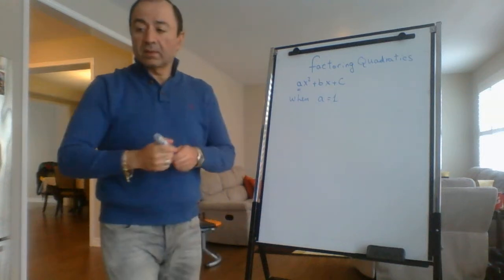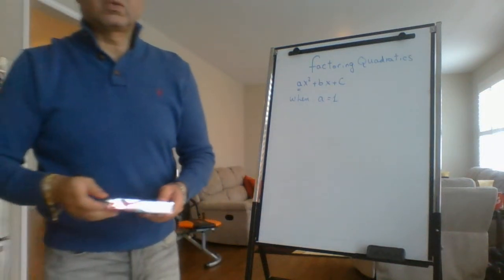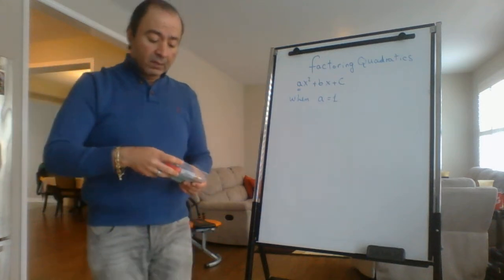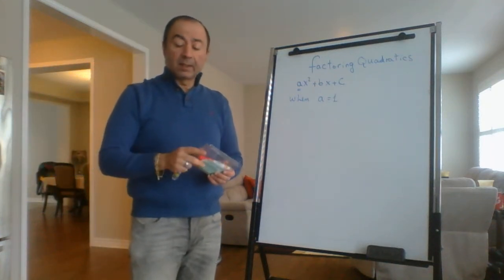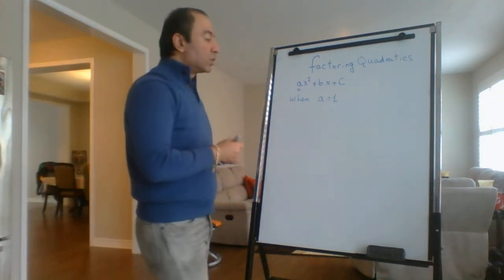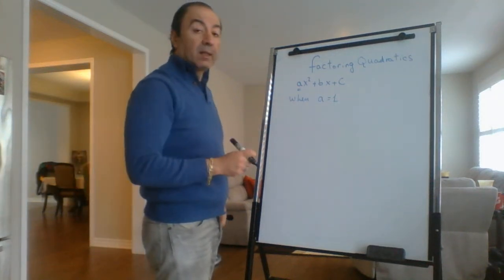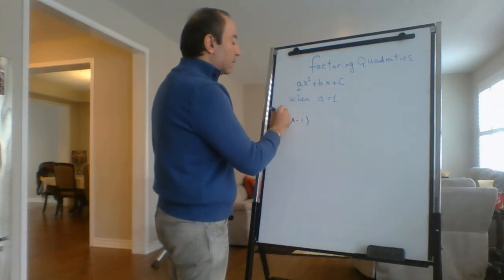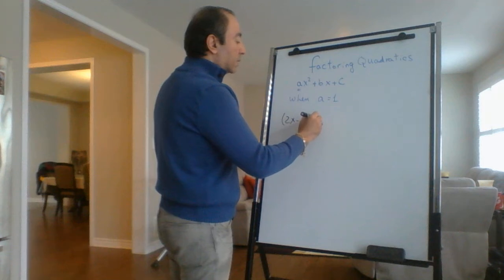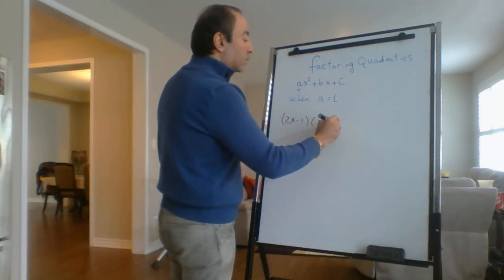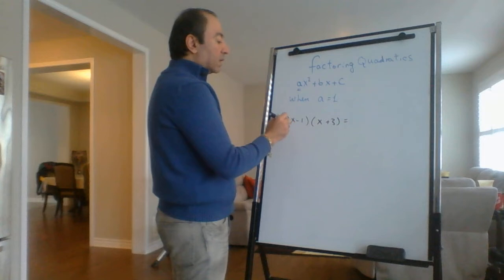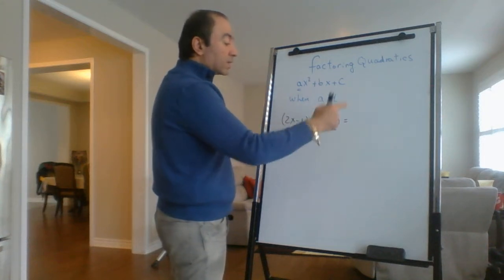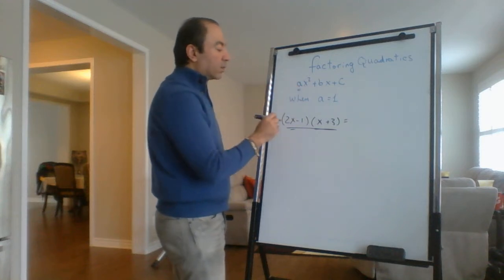We have learned already how to switch from quadratic in factored form to quadratic in standard form using the FOIL method. So for example, if we have 2x minus 1 times x plus 3, we learned how to expand this and switch from factored form to standard form using FOIL.